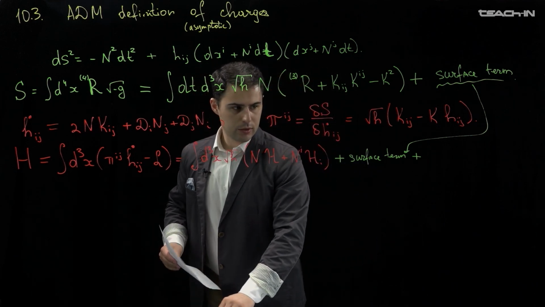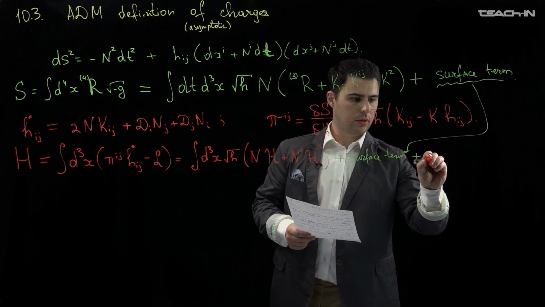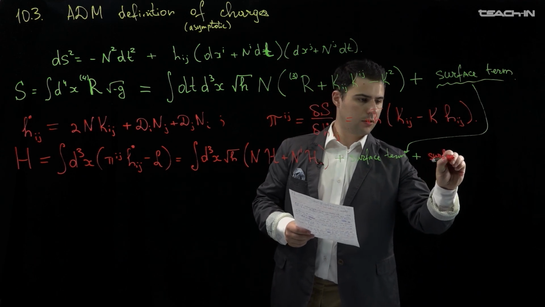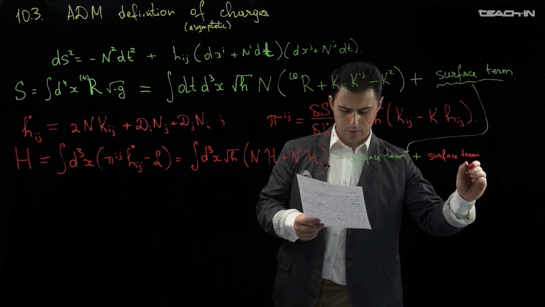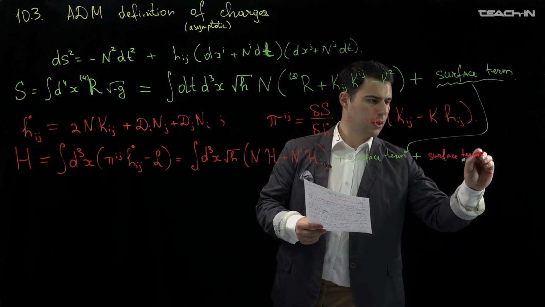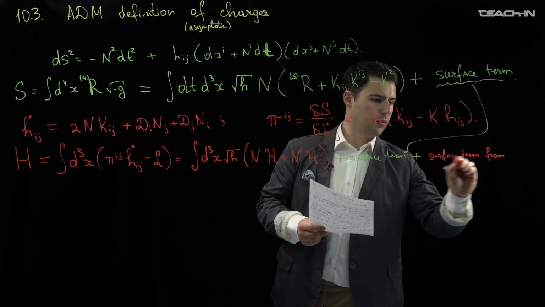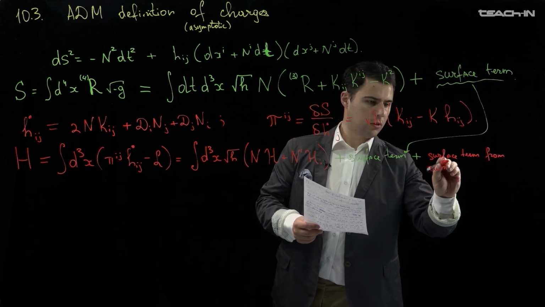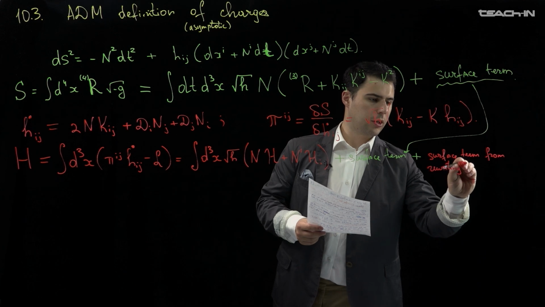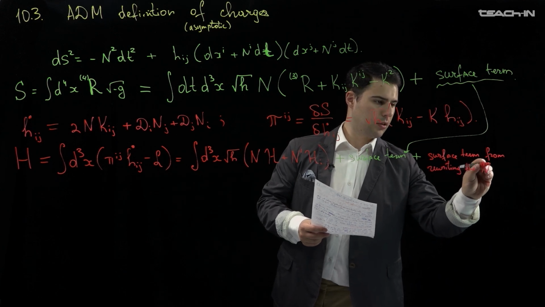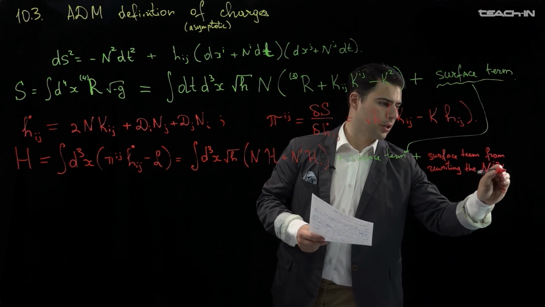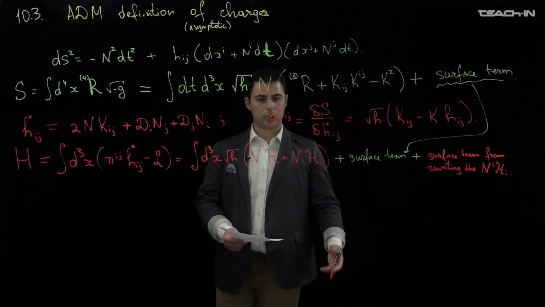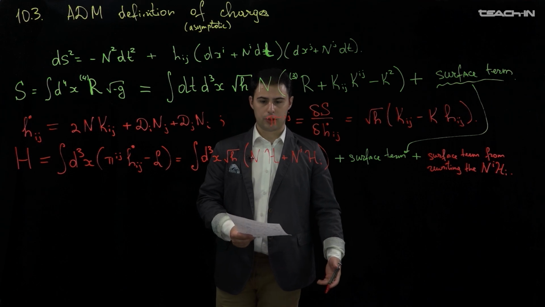So plus a surface term from rewriting the H_i. So the H and H_i are the Hamiltonian and momentum constraints.